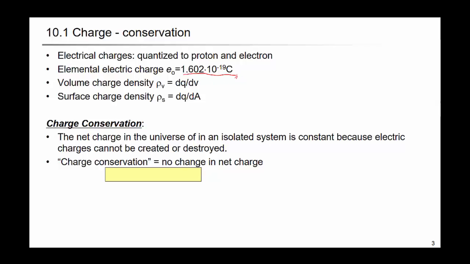And if there's a cloud of charge, then we can define this charge cloud with the charge density.